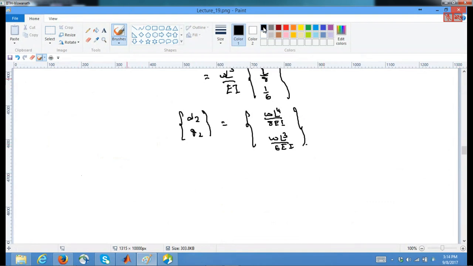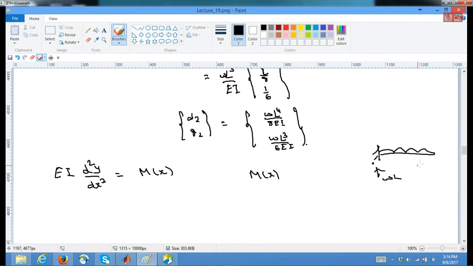So the analytical solution is EI d square y by dx square equals M of x, and M of x for this problem is: W into L is the reaction force, and WL into L by 2 is the moment.